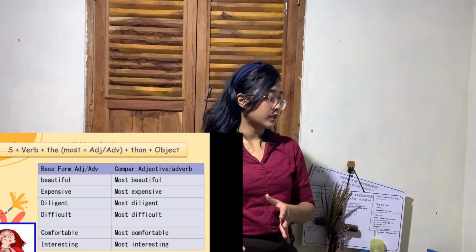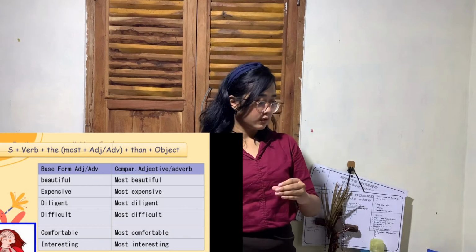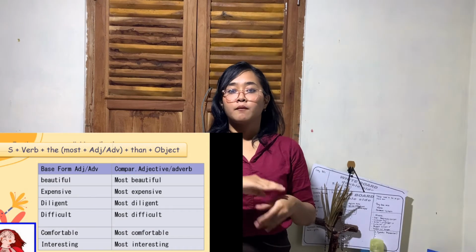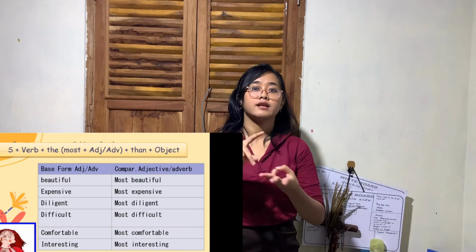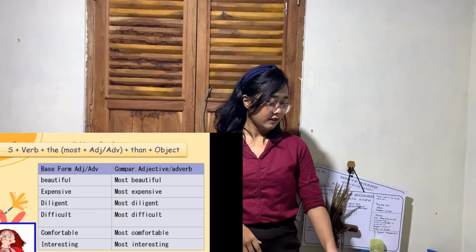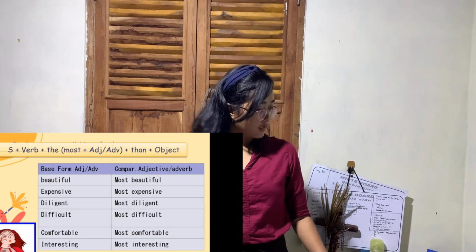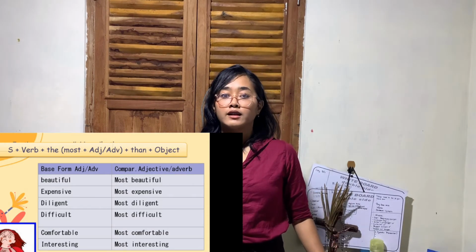For example, beautiful becomes most beautiful, and expensive becomes most expensive because it has three syllables, like that. Okay, and the other examples: diligent, most diligent; difficult, most difficult, and so on. Is it clear, everyone? Okay, good.